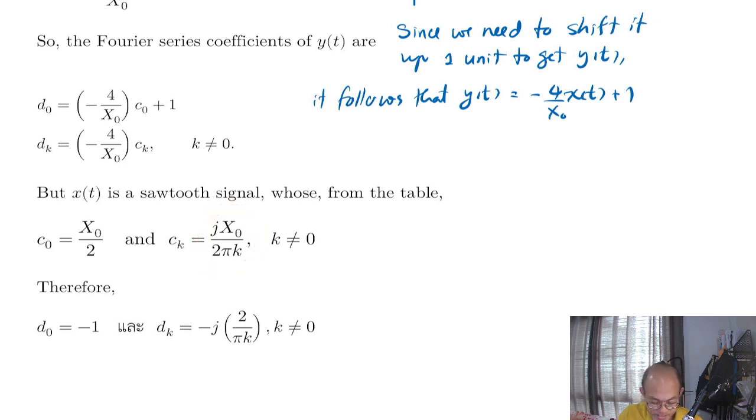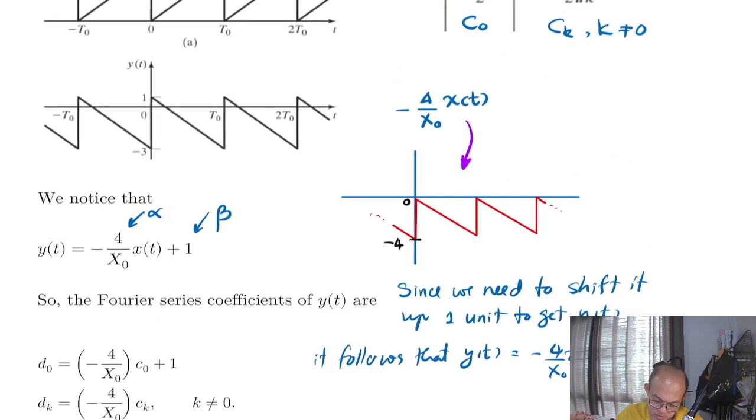So for yt, dk, so c0 plugged in here, I've got minus 1. Is that right? I think it should be minus 2, isn't it? Minus 2.